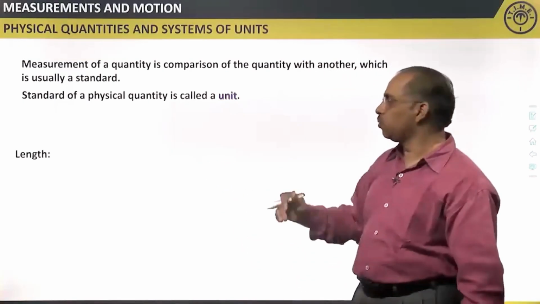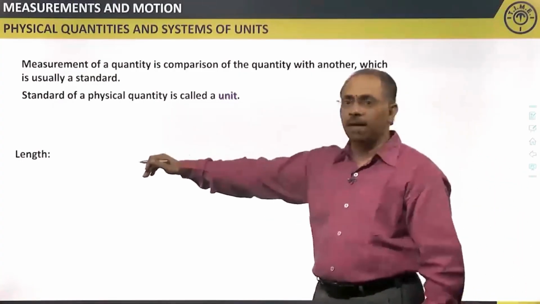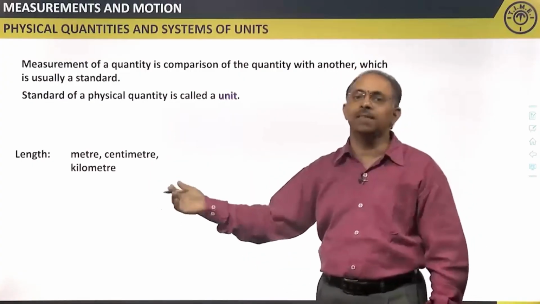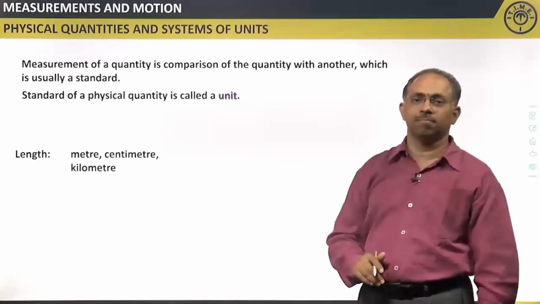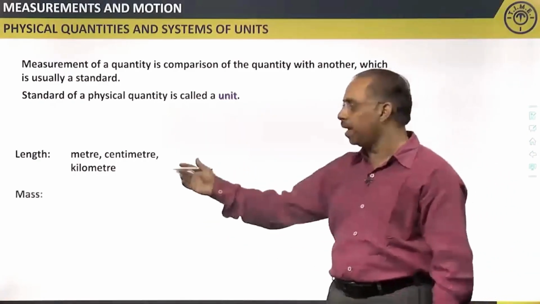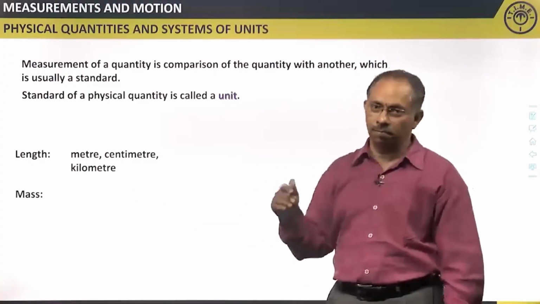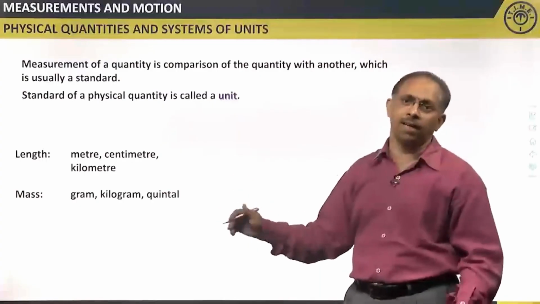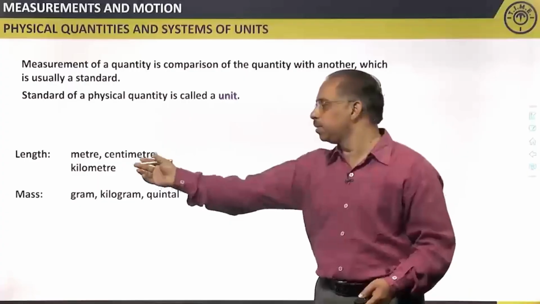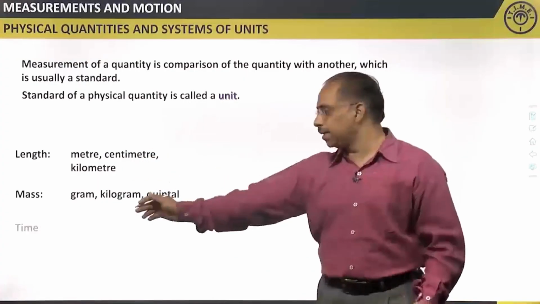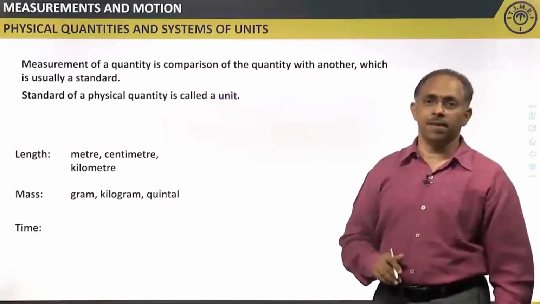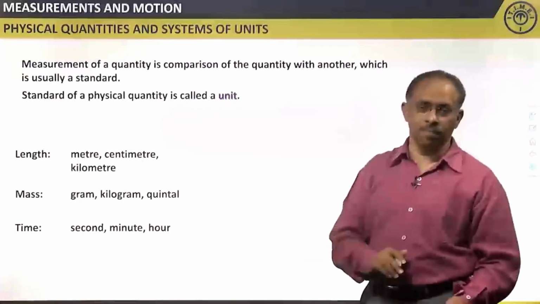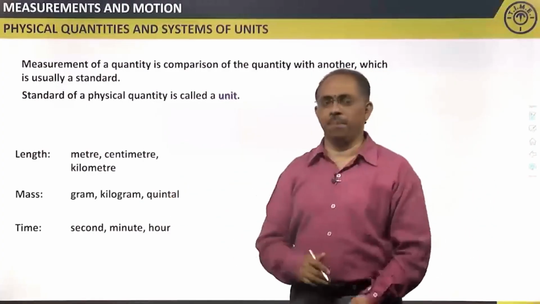Now let us look at some examples. If I am measuring length, I will measure length in terms of meter, centimeter, kilometer, etc. Similarly, if I want to measure mass, I can measure it in terms of grams, centigrams, milligrams, kilogram, quintal, ton, etc. All these will be the units of mass only. Same way with time, if I want to measure, I can measure in terms of second or minute or hour or day, year, etc. All these will be the units of time.